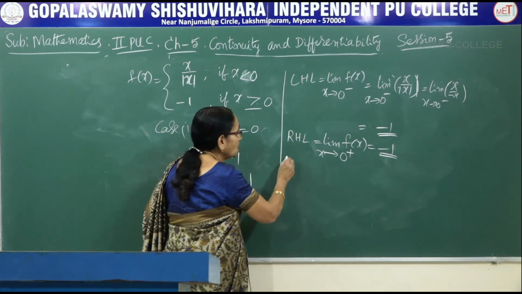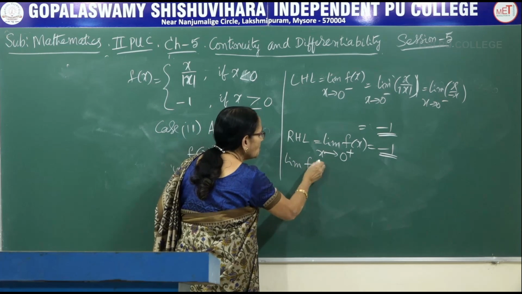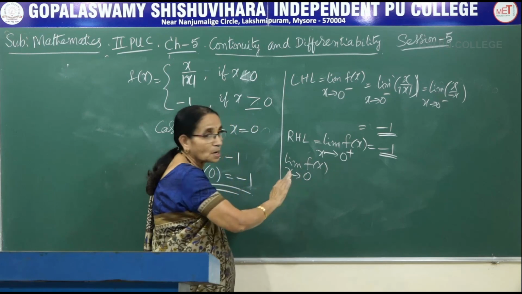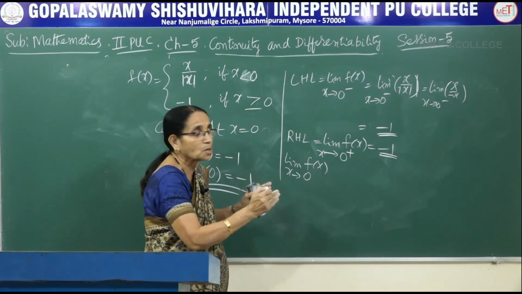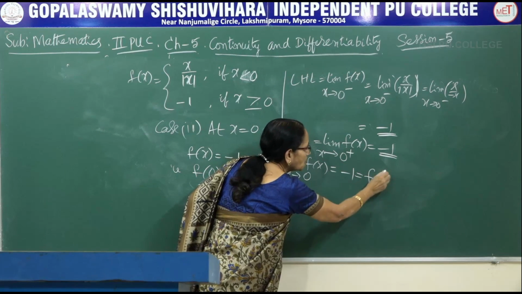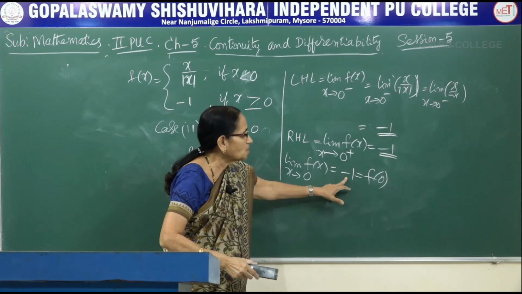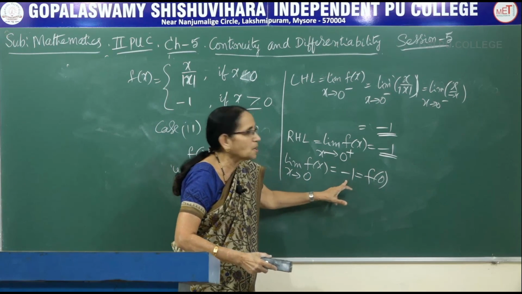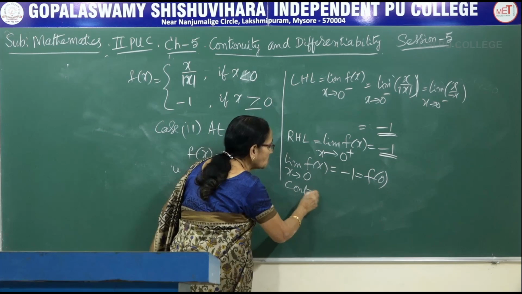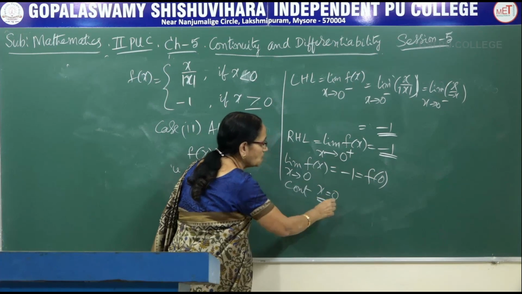What does it mean? It means that limit of f of x as x tends to 0, don't write plus or minus here because we are considering both the limits together, is minus 1, which is nothing but f of 0. So, the limit is minus 1, the value is minus 1. So, what is our conclusion? It is continuous at x equal to 0.